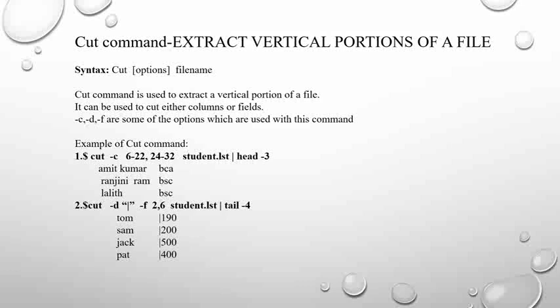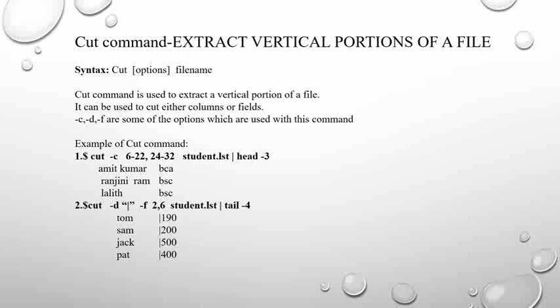And the head command will give you the first 3 lines of the student list. So you can see by using this command I've got the output as Amit Kumar BCA, Rajni Ram BSc and Lalit BSc. So the cut command will extract the columns from 6 to 22.